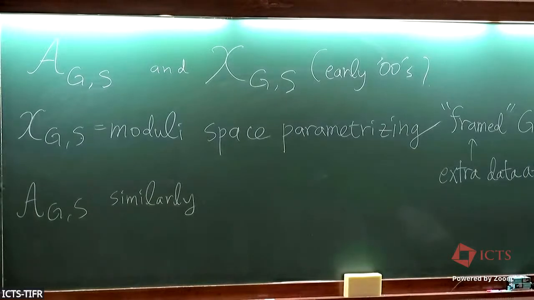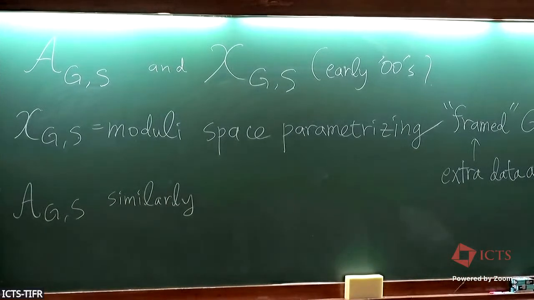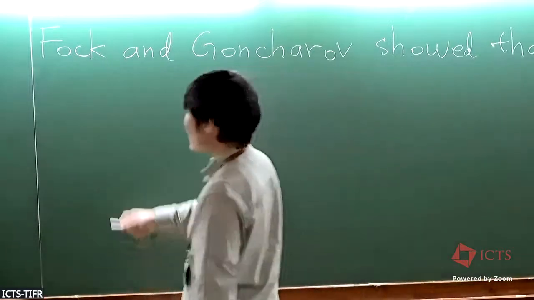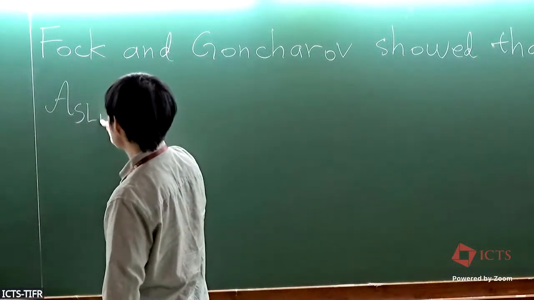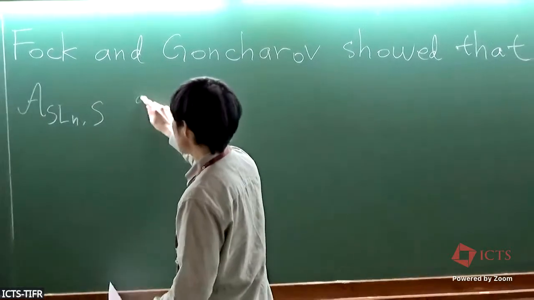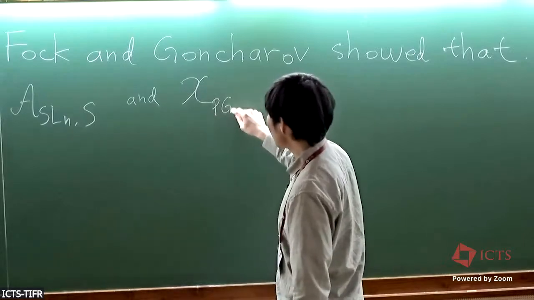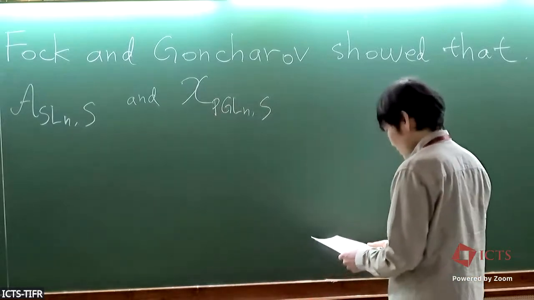What they showed is that when they considered these modified moduli spaces, these spaces have some nice properties. Here's one sentence I can say. Fock and Goncharov showed that the A moduli space for SL_N on a punctured surface, and the X moduli space for PGL_N, are nice in a certain sense.